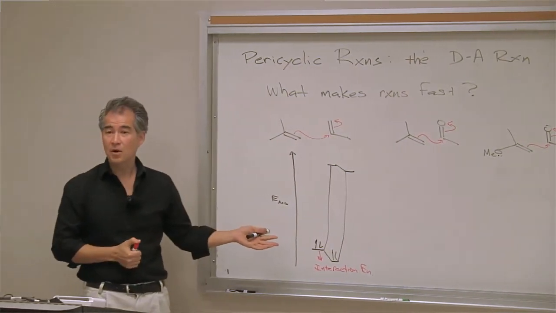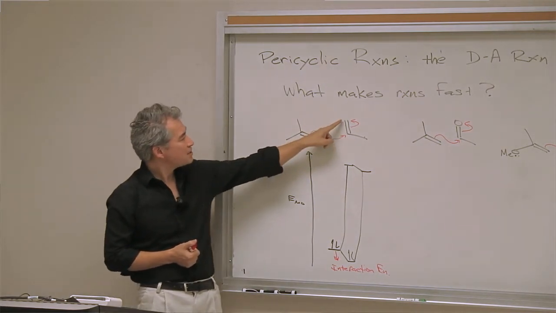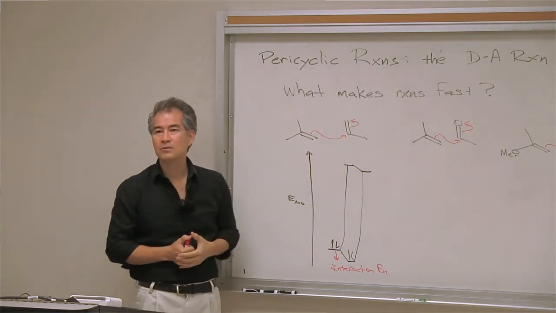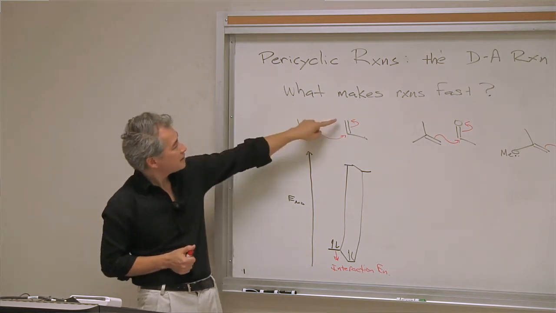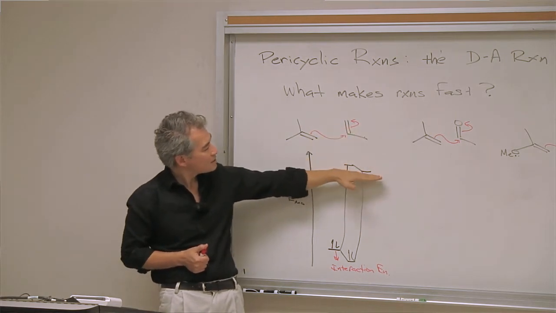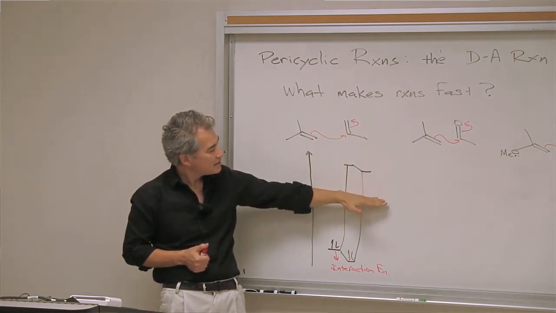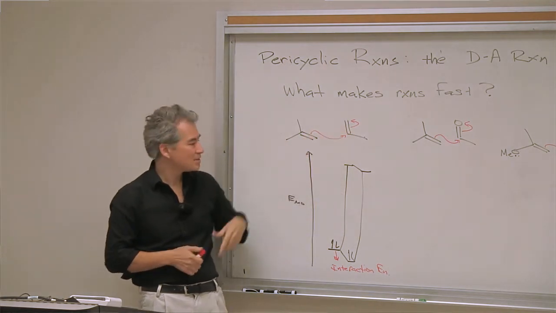So very small. So what's the effect of changing this double bond here into a carbonyl group or an iminium ion? As we replace carbon with a more electronegative atom, or one that has a positive charge, what we expect is that this LUMO is going to drop in energy. It's going to be easier to add electrons into that.